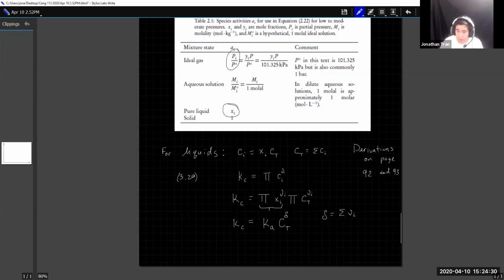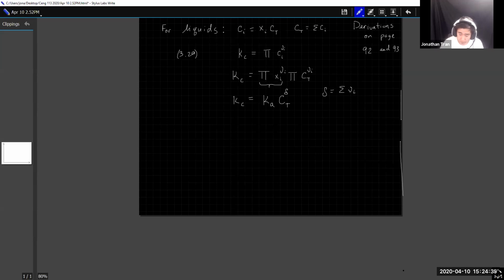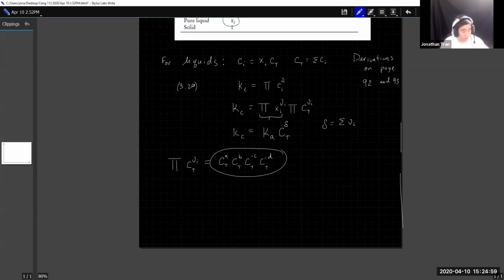At the bottom of the page, it shows the expanded form of CT to the nu I as being equal to CT^A, CT^B, CT^-C, and CT^-D. This is an error. So the negative should be on the A and the B, not the C and the D.